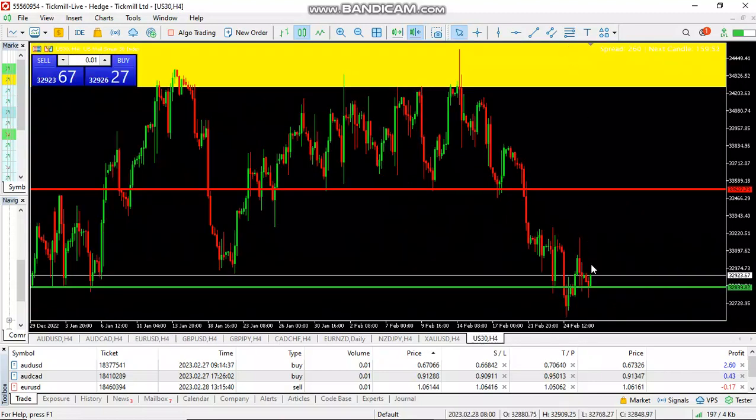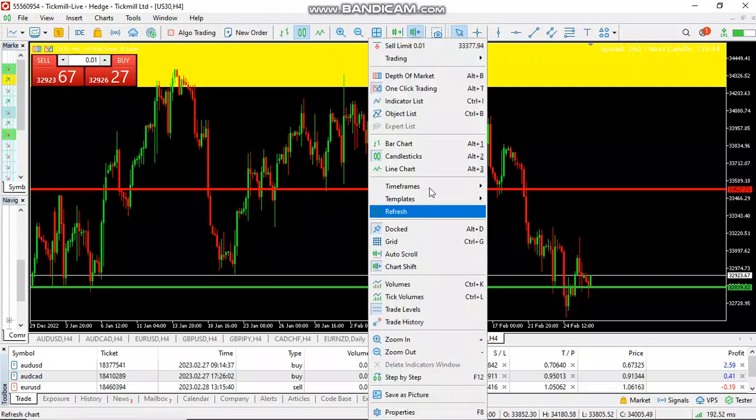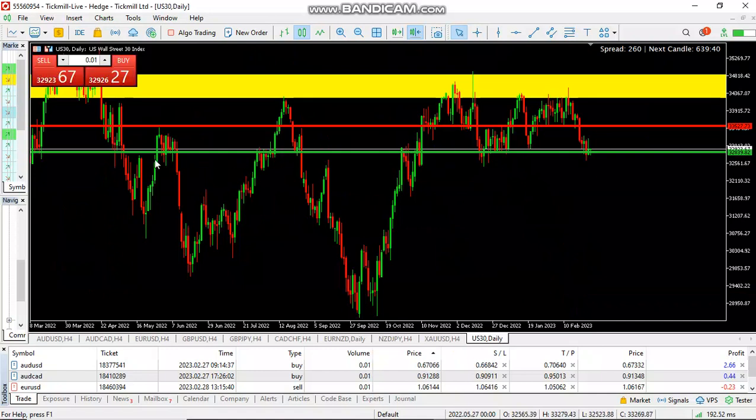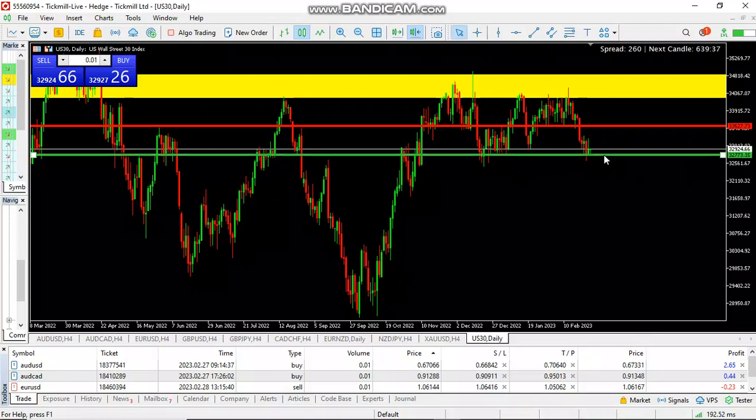Now the US 30 is also at a nice level of support at the moment, so I might take a stab at the US 30 as well. Let's just change the time frame quickly over here. Let's see the daily. See, we are at a strong support. The thing about the US 30 is it does these little nips down to the downside, these little fakes, quite often.